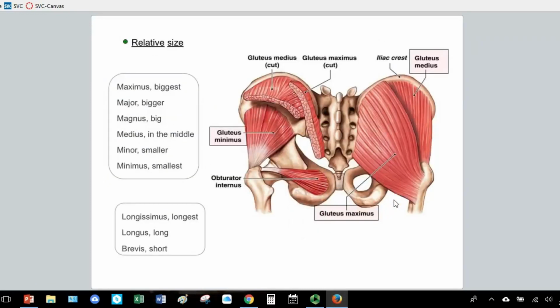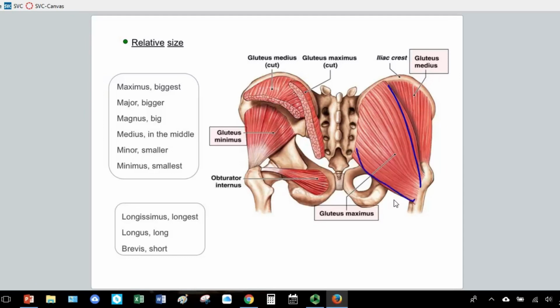We can name these based on size, and in particular, relative size. These are some terms that relate to size. Maximus means biggest. Magnus means big. Medius means in the middle. Minor means smaller. An example of this is with the glutes, the butt muscles, basically, the gluteus muscles.